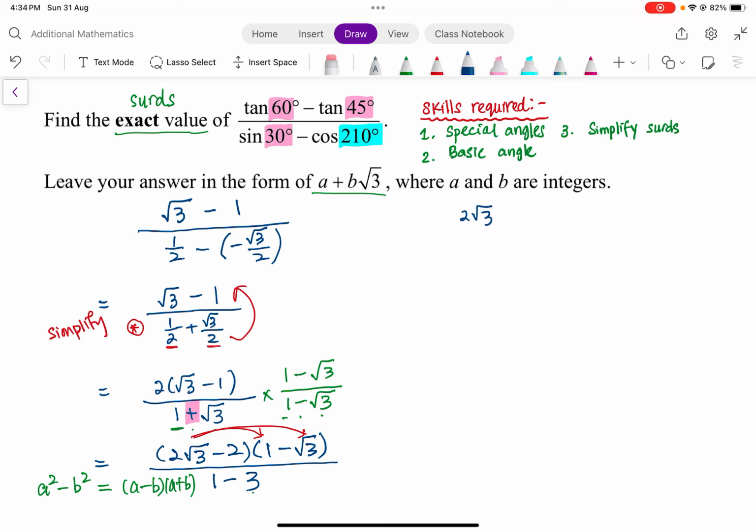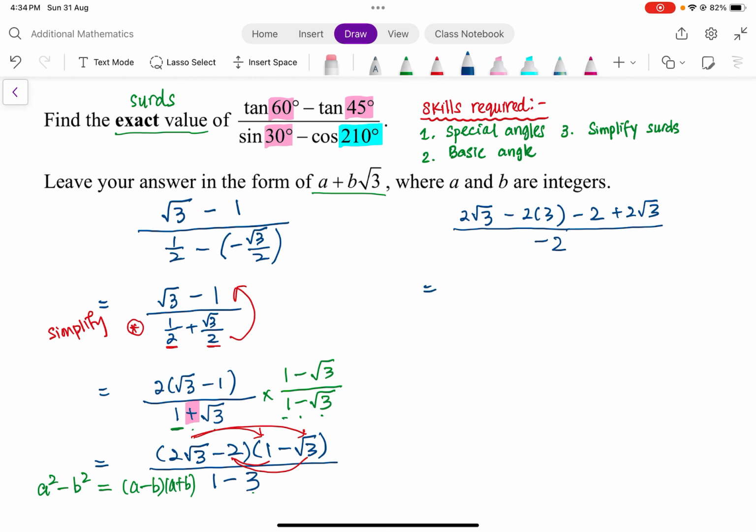And then 2 root 3 times root 3, which gives me 2 times 3. Once I'm done with this term, let me multiply the other term. Minus 2 times 1 gives me minus 2, and minus 2 times minus root 3 gives me plus 2 root 3. And for the denominator, we have already worked it out, so this gives us negative 2.